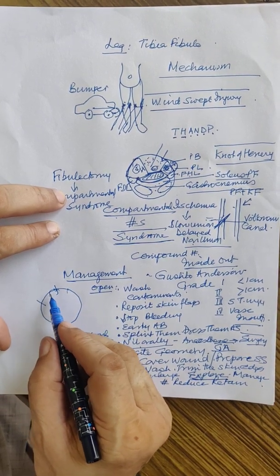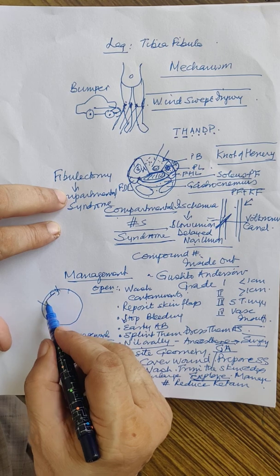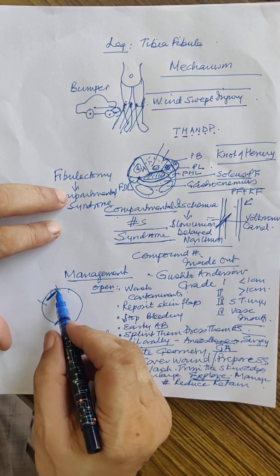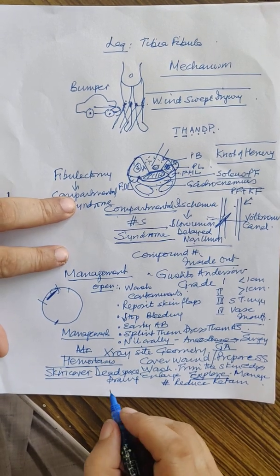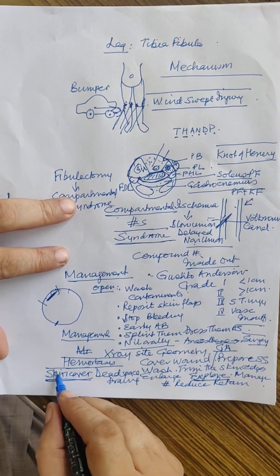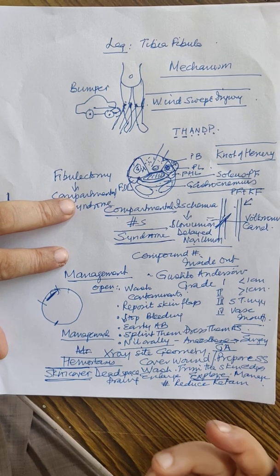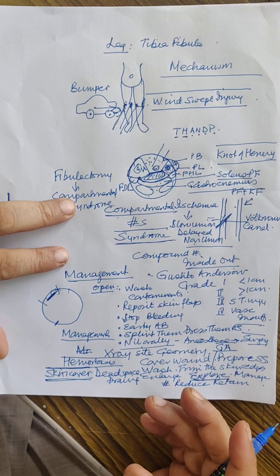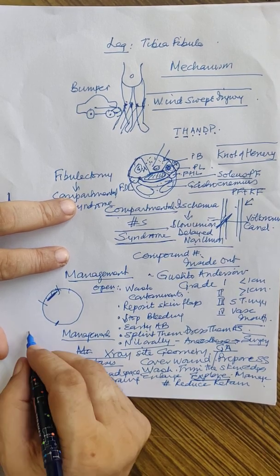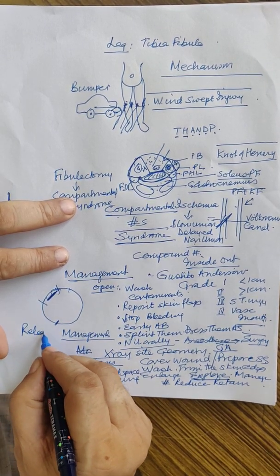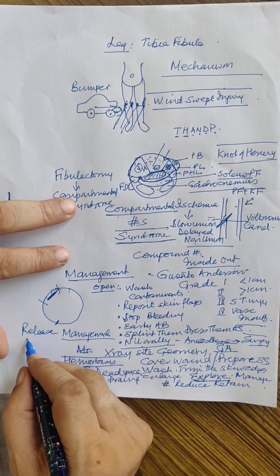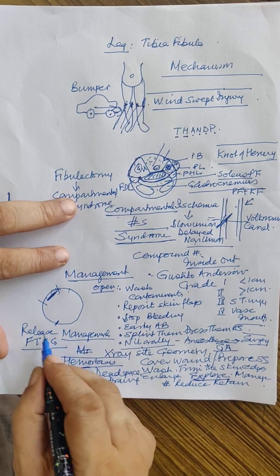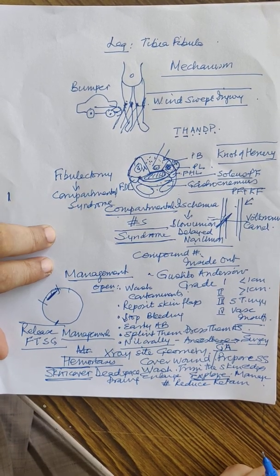Because you don't want the surface of the tibia, which will not have granulation, to be exposed. So you have to arrange for the skin cover, for which you may have to give release incisions to suture the wound without tension. You may have to do a full thickness skin graft. So you cover and close.